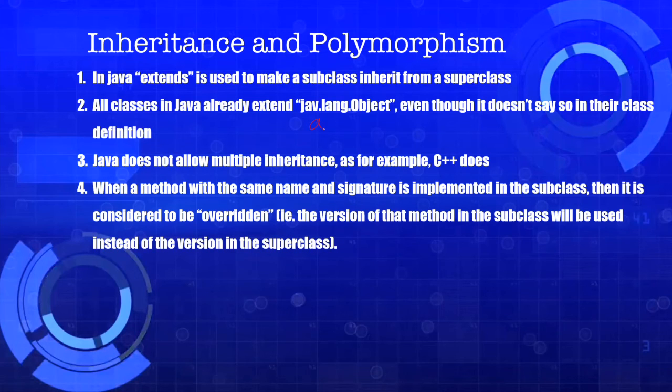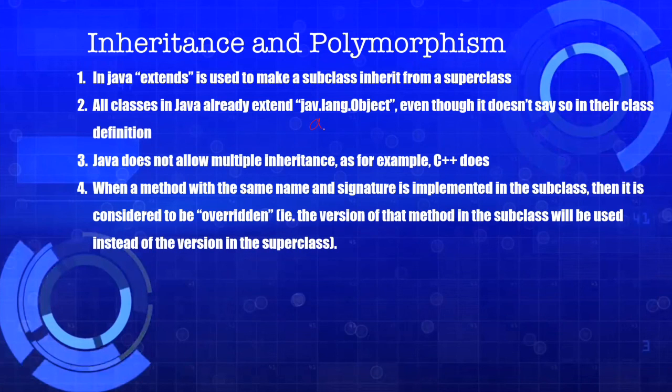If a method with the same signature and name is implemented in a subclass, then it's called overriding, and especially if the behavior is changed, that's polymorphism. Polymorphism is when an inherited class exhibits slightly different behavior from the behavior that would have been inherited from the superclass.